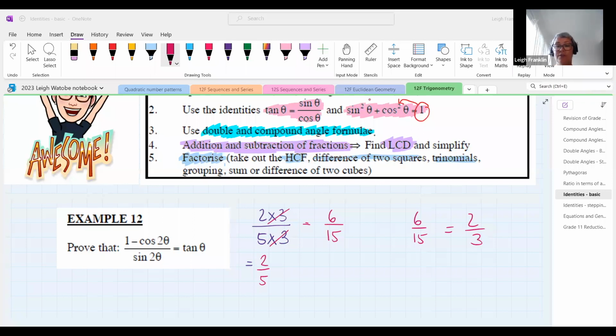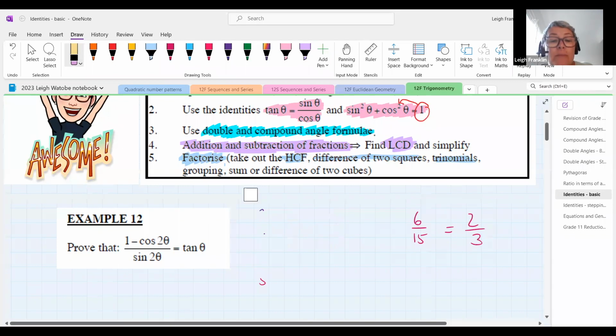So 6 over 15 is 2 over 5. Do you see why we need to factorize? Because we cannot cancel over plus and minus signs. So the minute you see pluses and minuses, we can't cancel, but once we have factors, then we can cancel. Just bear that in mind as we go through all of this, and hopefully what I'm doing here will become apparent to you.